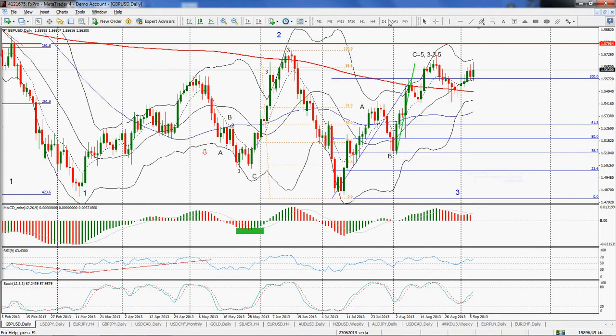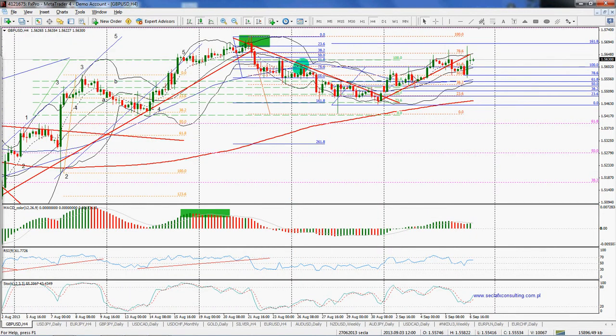On the 4 hours chart, I had a long trade setup this week with this FIBO 100 and this trend following system. The market broke up through this FIBO 100 and reached one of my targets.